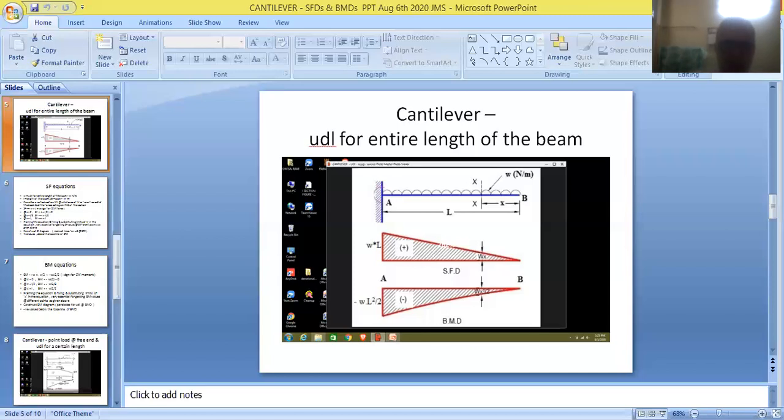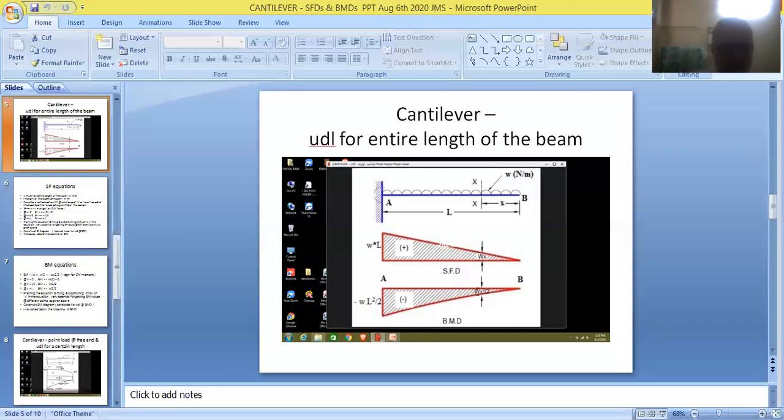And finally, as I've already told you, we are considering a section XX at a distance of x meter from the free end of the beam, and we have to take all the forces acting on the right hand side of the section. In this case only one UDL is acting on the right hand side of the section.